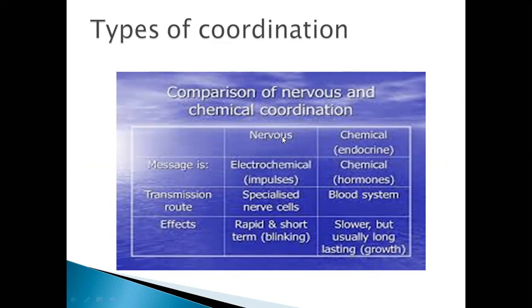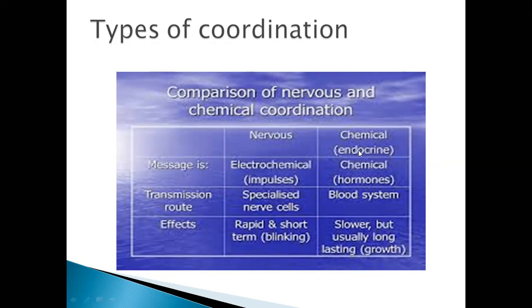Doesn't it come to your mind, nervous, relevant to the brain? And chemical, there are certain glands in your body, the endocrine glands. Right? So the nervous system is helping for the nervous coordination, the brain, and the chemical, it means endocrine glands are helping for the chemical coordination.